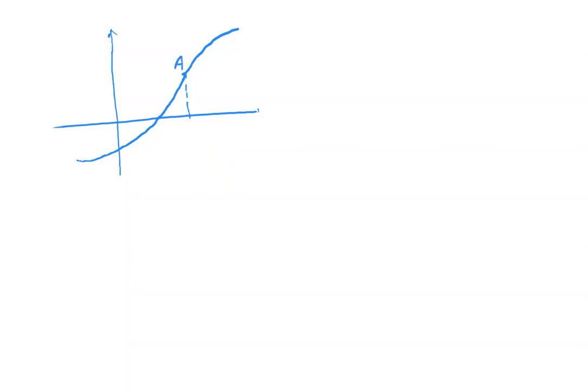Because at this point, the graph is the steepest. So increasing at the fastest rate is possible since I give you the graph like that. When I put the arrow here, it means there's no limit to this function.